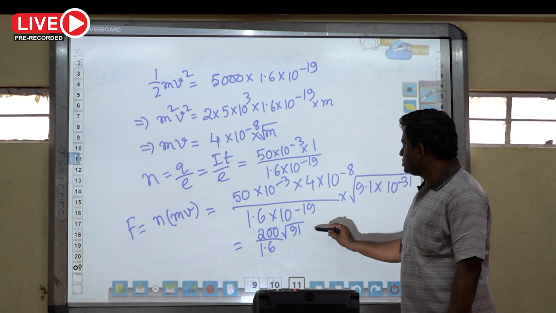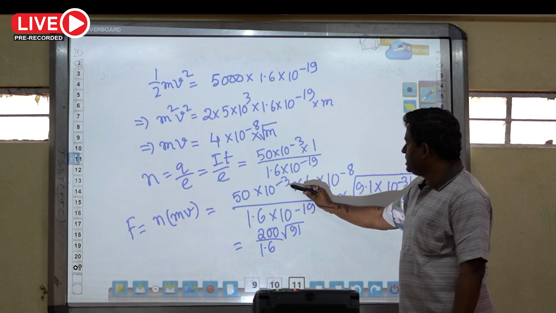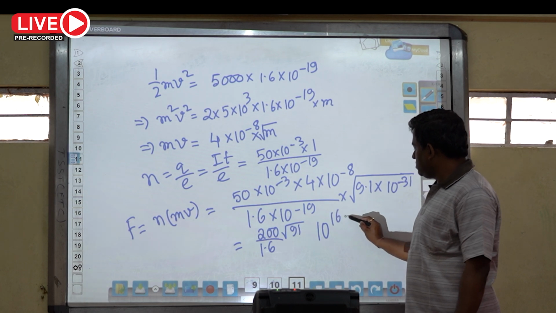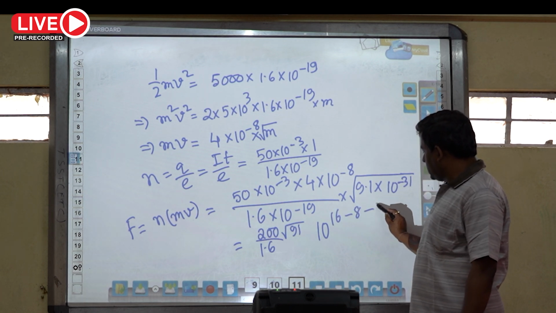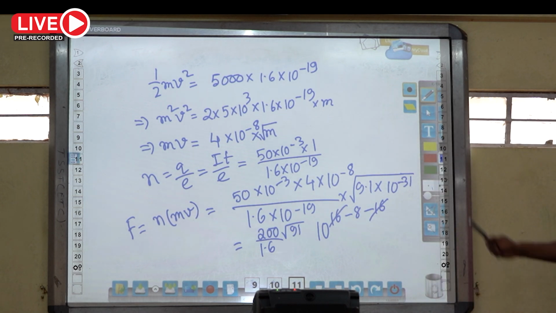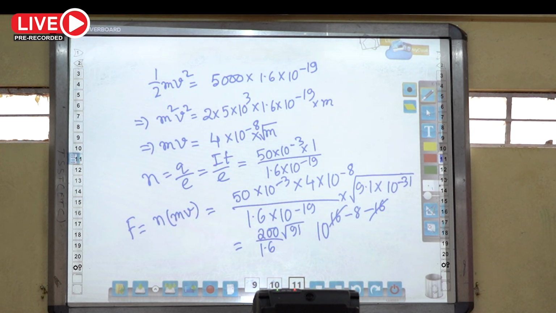Then the remaining powers will be 10 to the power minus 3, plus 16, minus 8, and another minus 16 will come, so the multiplier will come. Now calculate this one: 200 by 1.6 into root 91.